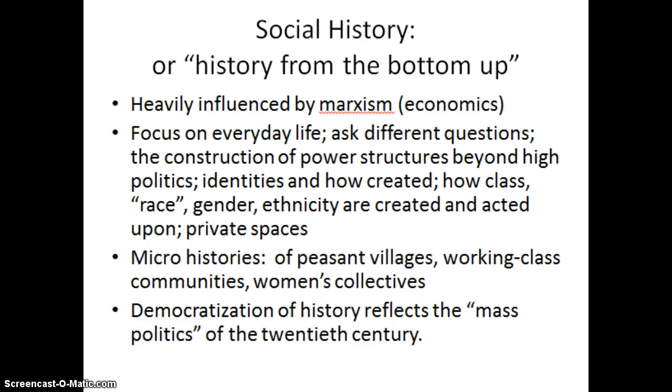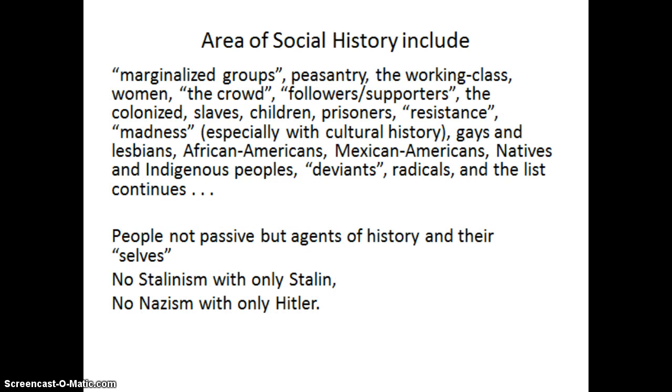Social history is seen as a democratization of history because it reflects different kinds of questions of history from the bottom up. And partly this rise of social history is because of the mass politics of the 20th century, and people began to ask new questions and have new areas of interest. And just to give you a list of some of the areas that are of interest to social historians, they include, well, essentially any marginalized group can be plugged into social history.